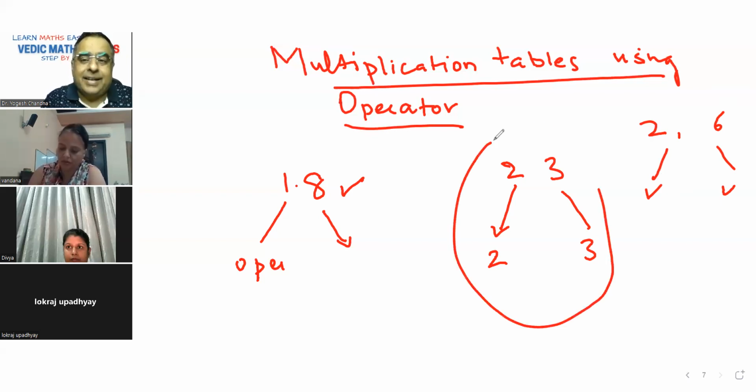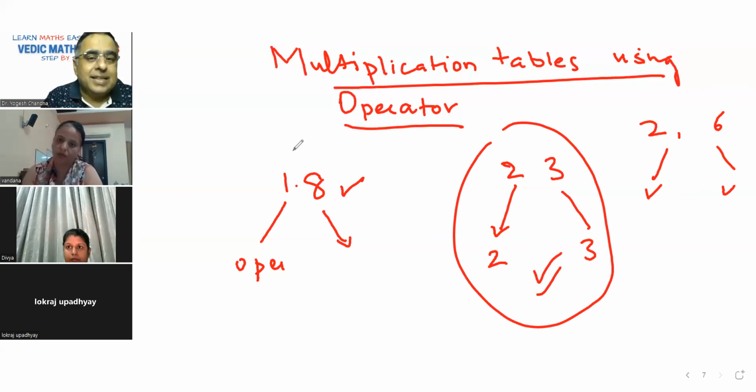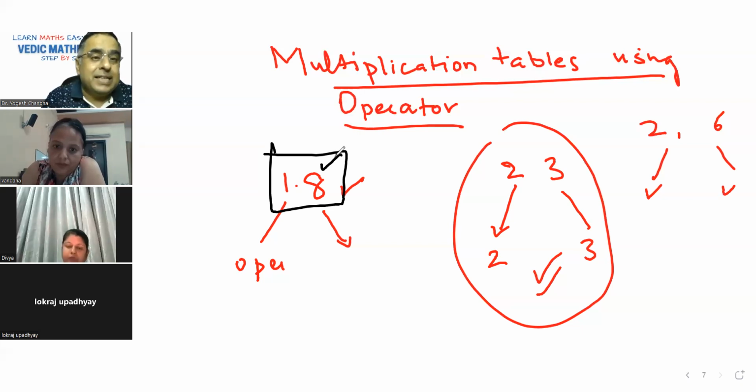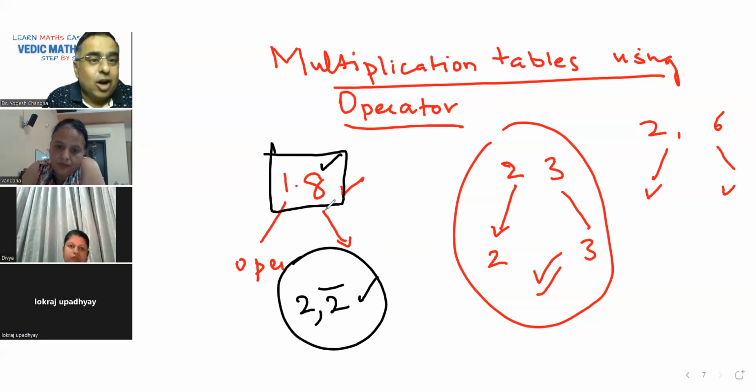So this is correct, 100% correct. But in this case, this is not 100% correct. Why? Because 18 has 8. 8 is above 5. That means this number can further be converted to vinculum. So what is the vinculum for this? 2 2 bar. How? 8 minus 10 minus 2, 2 bar. 1 plus 1, 2. So 2 and 2 bar are the real operators, not 1 and 8.